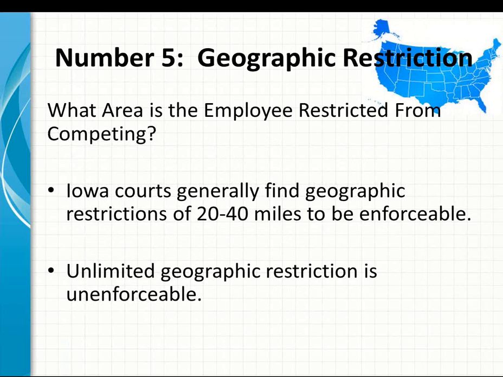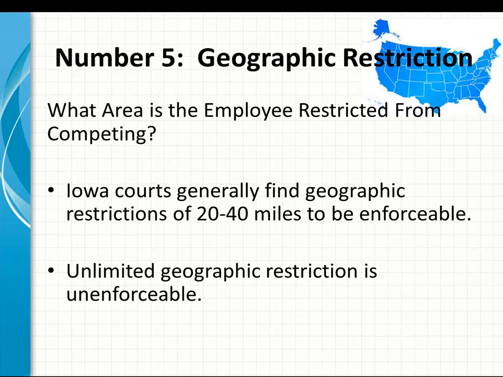Moving to the fifth item that you need to consider, and this is related to the geographic restriction. What area do you want to restrict your employee from competing? In Iowa, courts generally find geographic restrictions of 20 to 40 miles to be enforceable.